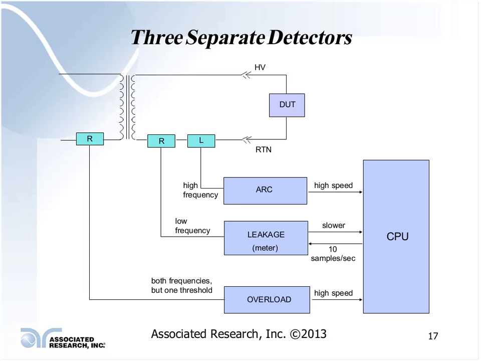In many cases, depending upon which one of these detectors actually goes off, that information or shutdown is fed into the CPU in the unit. If we have just an arc that occurs and it doesn't trip off either the leakage current or the overload detector, it's just going to say arc fail. Okay. If you have a high limit or a low limit failure, that is going to be shown up on the display of the instrument just due to either high or low leakage current.